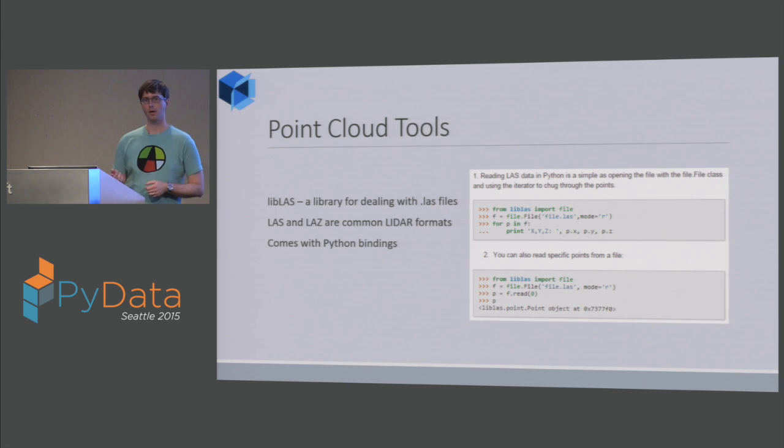LAS is a very common file format you run into when dealing with point clouds. There's a library that helps you manipulate them, and it has Python bindings, so you can do some basic things just from Python.